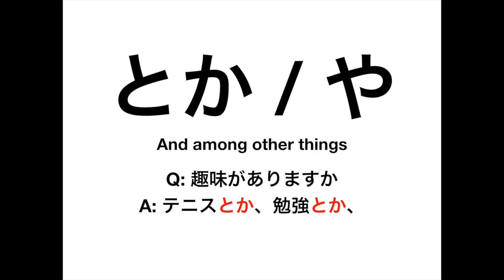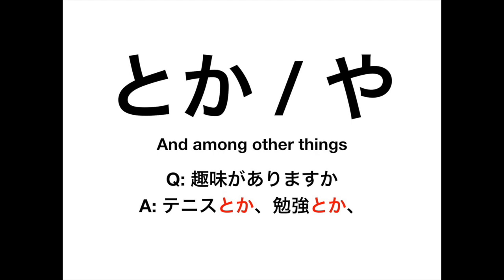So they said, oh yes, I have hobbies, and I like tennis or studying slash among other things. Okay, so you'll hear this a lot later, but that's just my example for now. Don't think too much about it just yet.